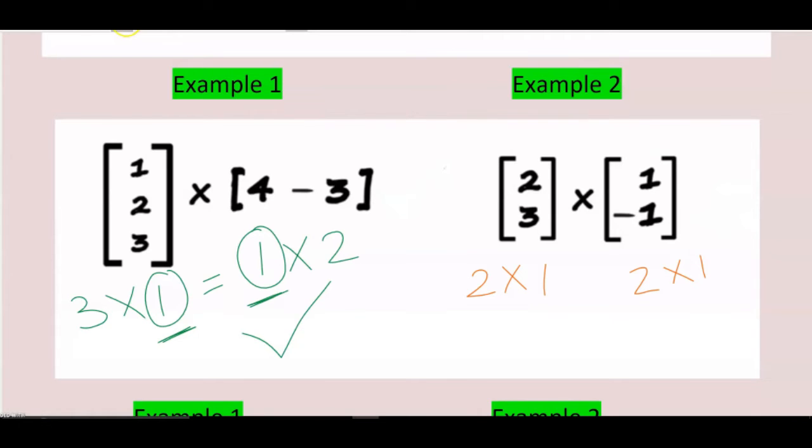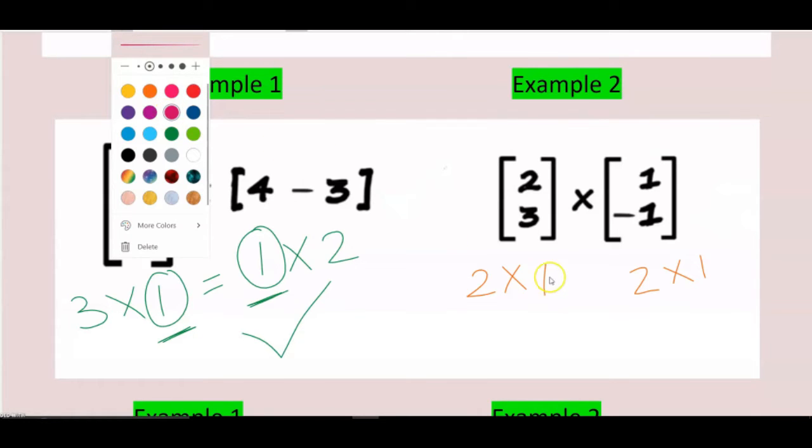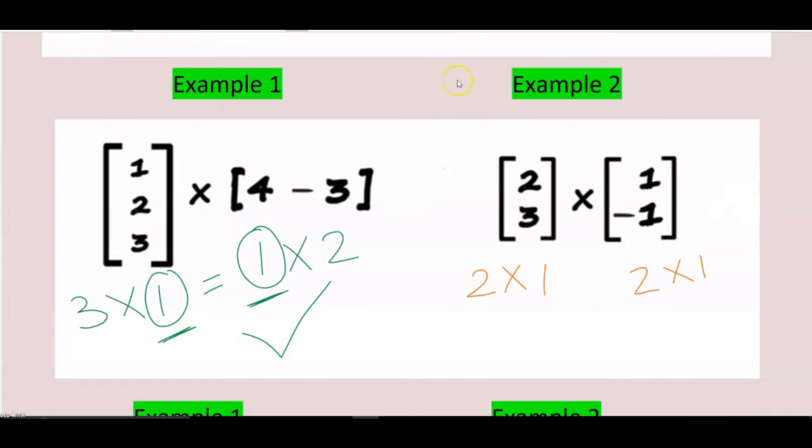The number of columns of the first matrix and the number of rows of the second matrix: are they equal? No, they are not equal. So we cannot multiply these matrices. In that case, we say the multiplication of these two matrices is not defined, because they are not compatible.